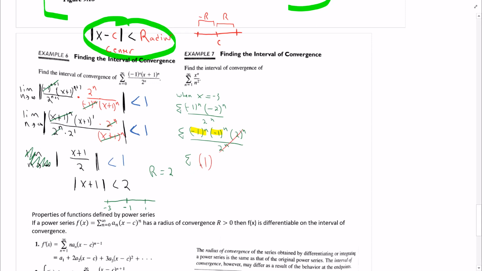So we're taking the series of magnitude 1, which is basically 1 plus 1 plus 1 forever. This is infinity, which means it diverges, which means we are not going to include -3. We're going to keep an open bracket there.